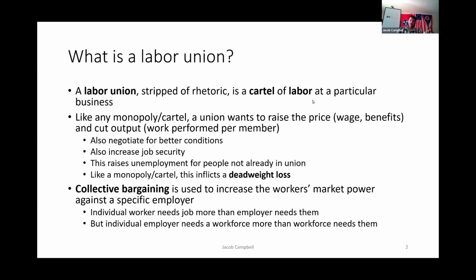In the case of a labor union, it's going to have a more complex redistributive effect where it too only benefits the union by harming the producer, but also by harming other workers, other potential workers, I should say, who are excluded from the market because of the union's existence.